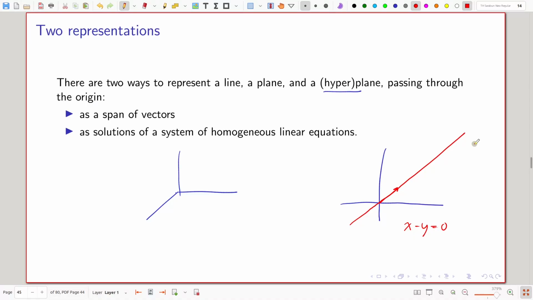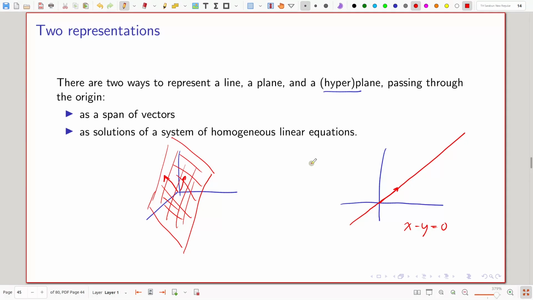In 3-dimensional space as well, when you have 2 vectors, you can take a span of these 2 vectors and you get a plane. But when you take one linear equation, the set of all solutions of that linear equation also looks like a plane. But that linear equation has to go through 0.